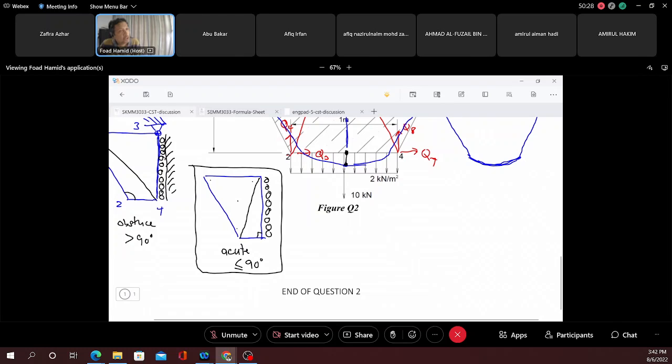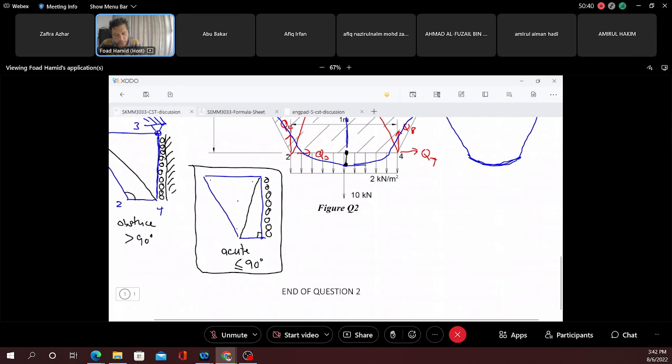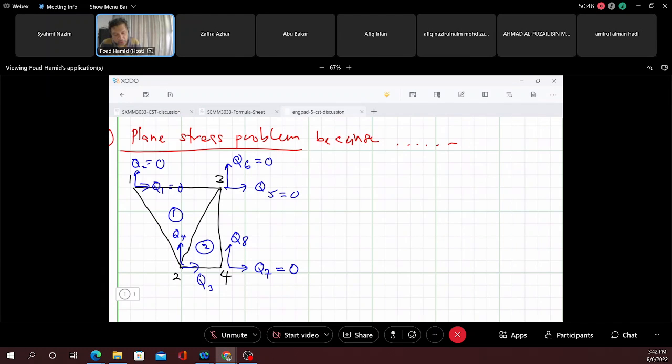Can it move horizontally? No. So in this case, we know that this is 0. How about Q8? Can this point move upward and downward? Yes. So in this case, Q8 is another one of our unknown degrees of freedom.